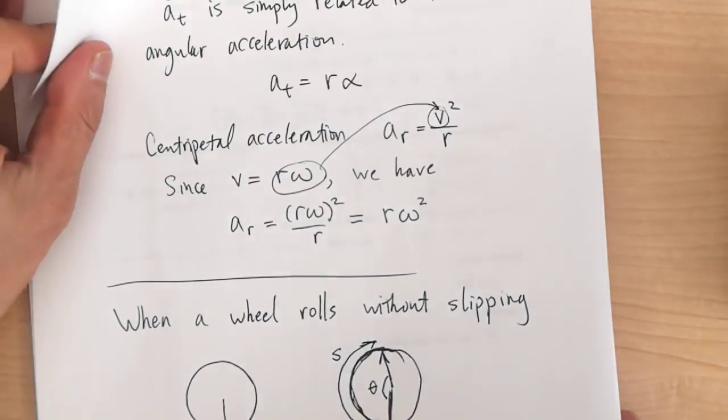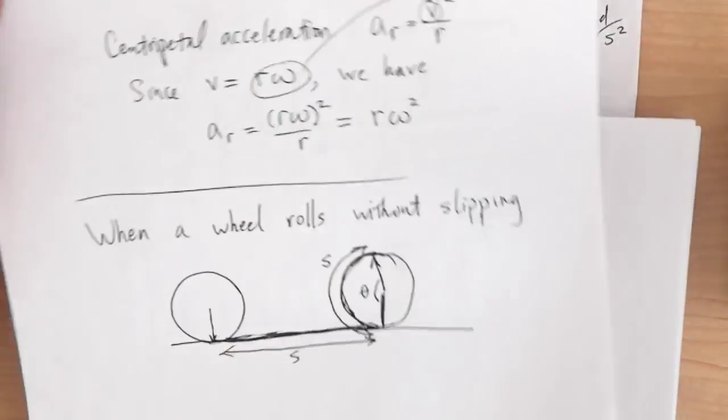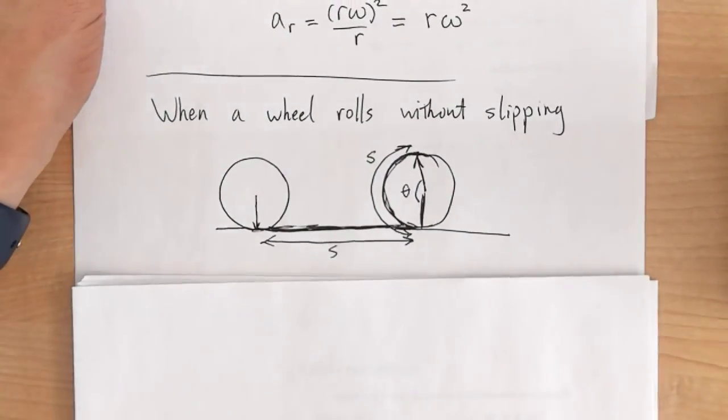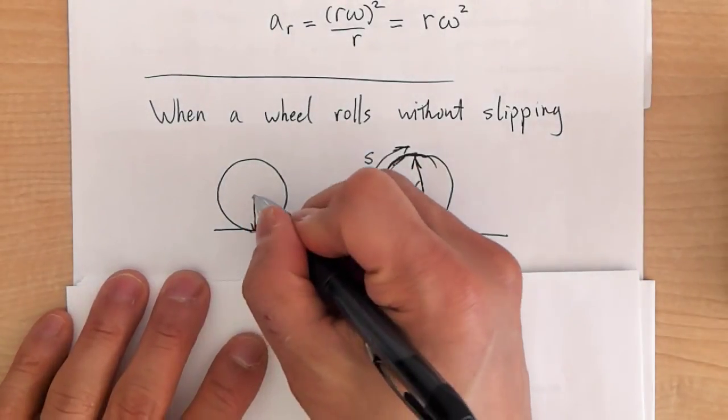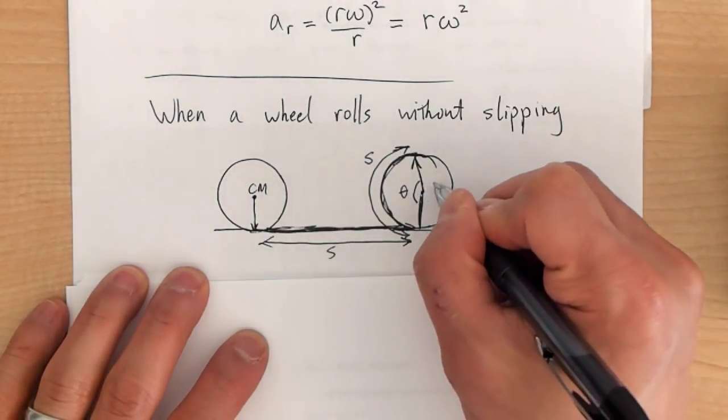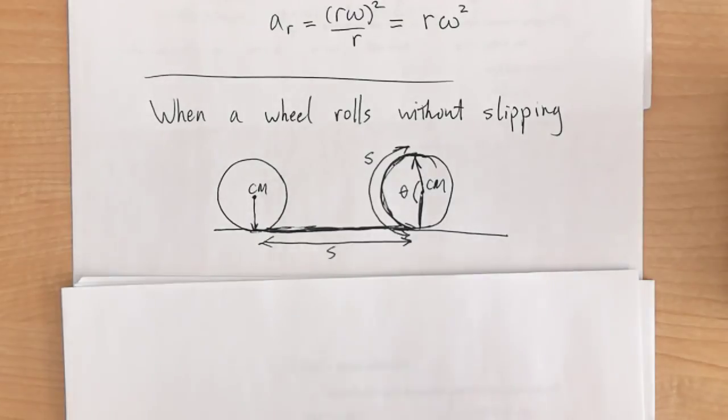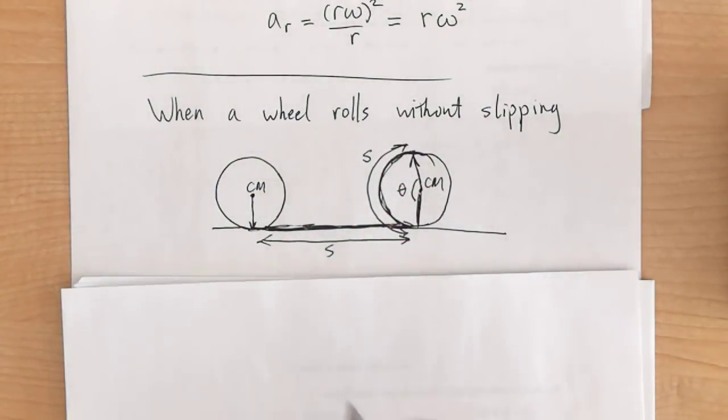So we can make a connection between how fast the wheel is moving, how fast the center of mass is moving, and how fast the wheel is rotating.